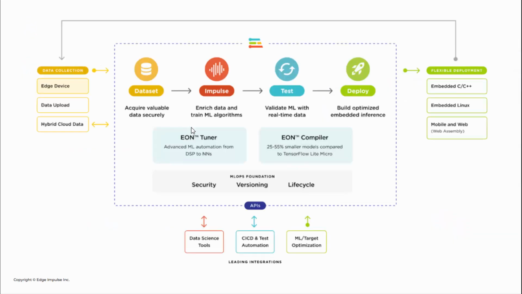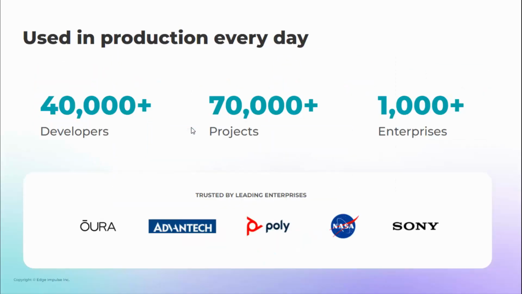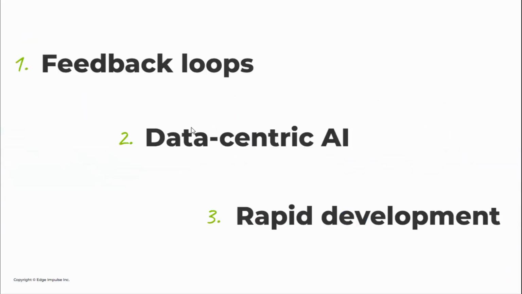I'm not going to go into every little detail, but we do stuff starting at the very beginning with capturing data from devices, training models, massaging data sets, working with signal processing, and then getting those models running on devices at the end. We've got a ton of users, a ton of developers building loads of amazing projects, including some big enterprise customers. So we've got a lot of traction, and we're really understanding the way people need to build with Edge AI.